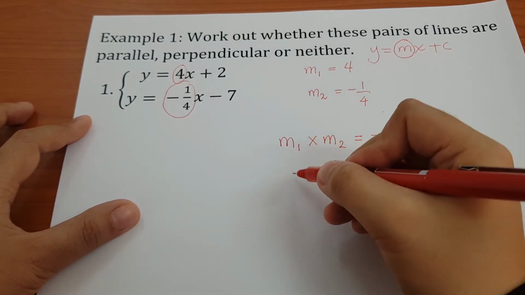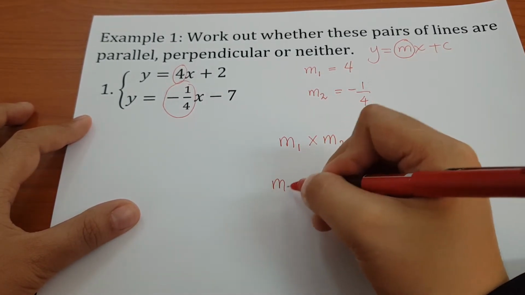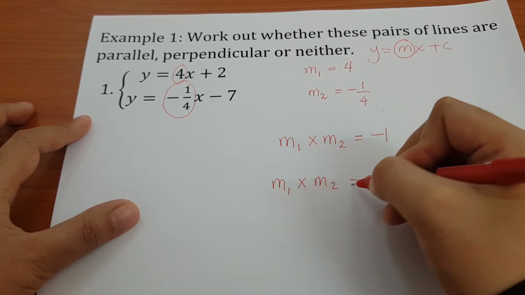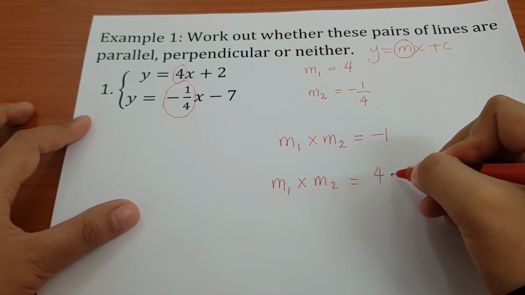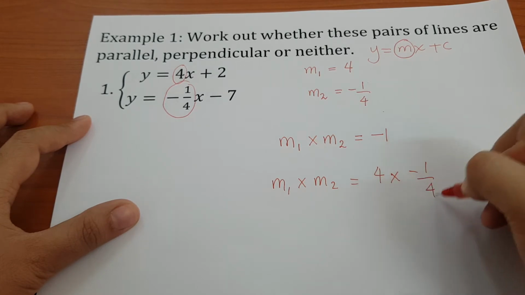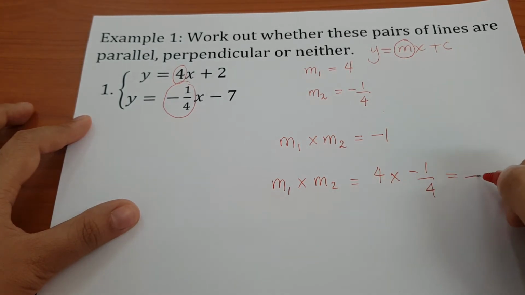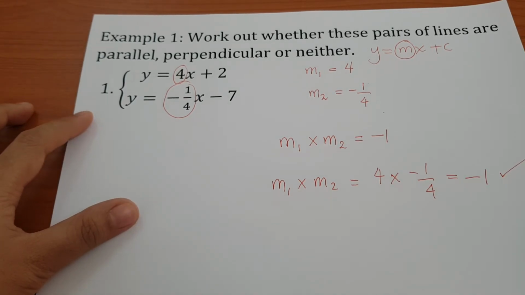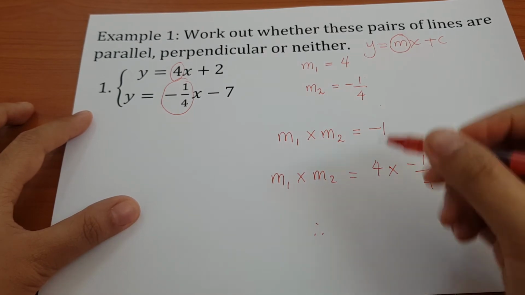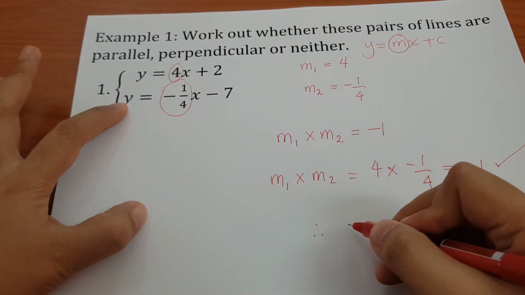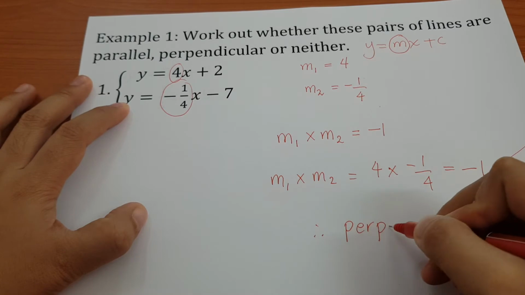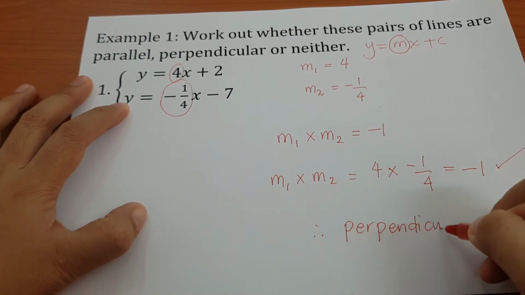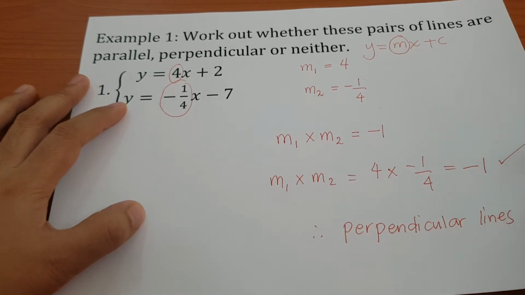So m1 times m2, m1 is 4 multiplied by -1/4 will give you -1. So since the product of the gradients is equal to -1, therefore the two lines L1 and L2 are perpendicular. So they are perpendicular lines.